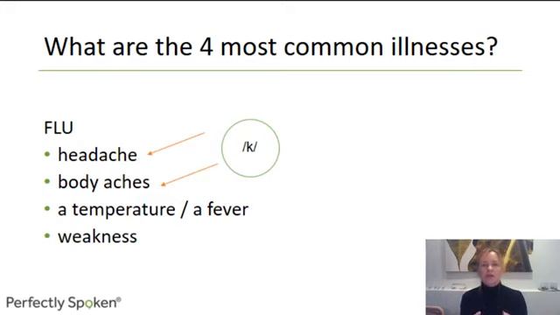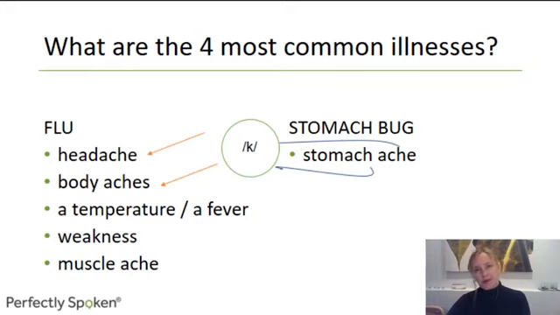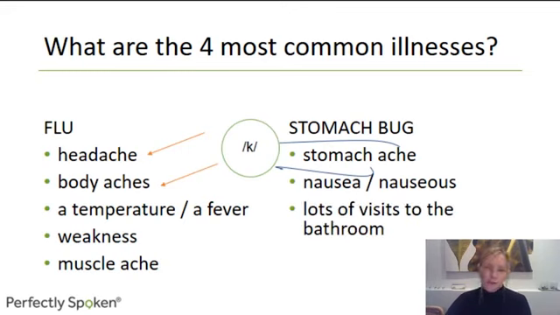You can say you have weakness or you feel weak. Muscle ache. And with a stomach bug, you have stomach ache. Again, the k sound on stomach and ache. Nausea, or the adjective is nauseous. Lots of visits to the bathroom, and a temperature or fever.